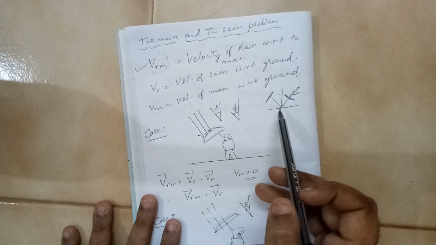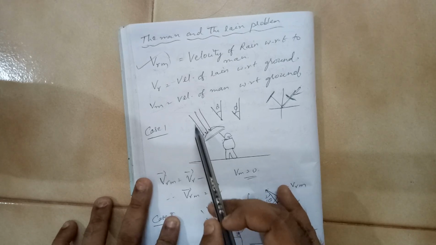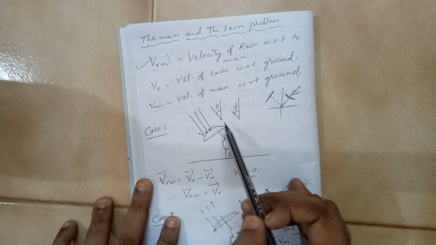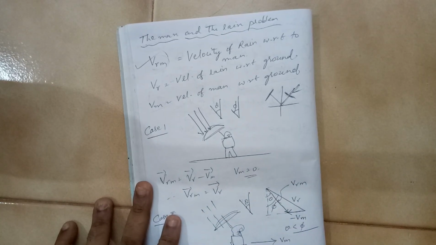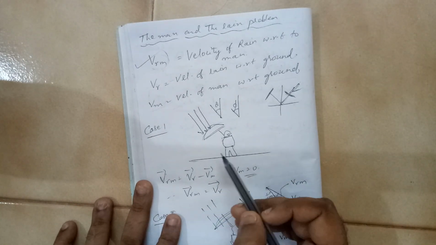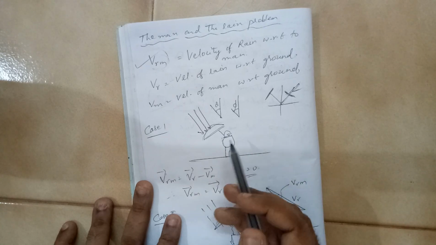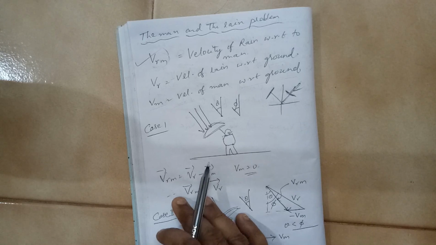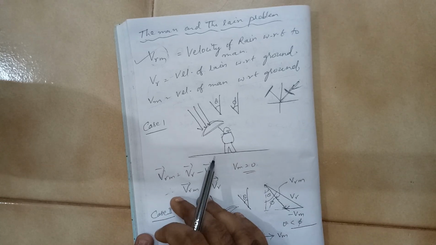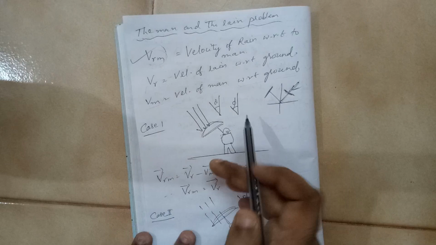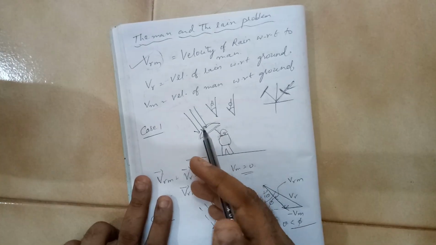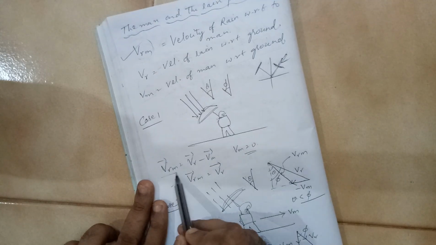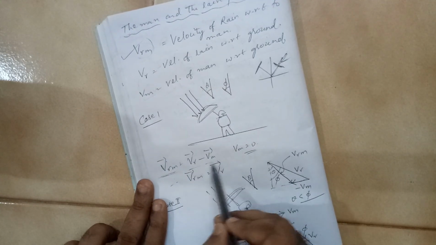Let us say the rain falls making an angle theta with the vertical, and a man is there. He is stationary, he is not moving. If you apply common sense, how do you hold the umbrella? If the rain is making theta with the vertical, you will hold the umbrella in the same direction, isn't it? Apply the equation: VRM is equal to VR minus VM.